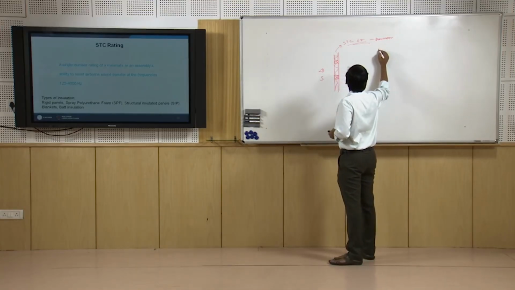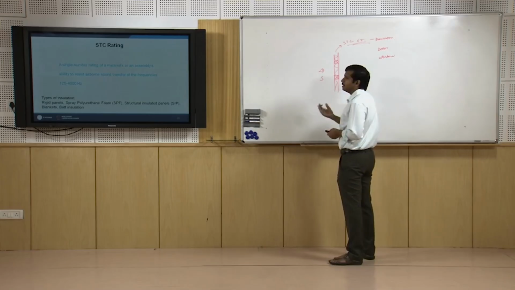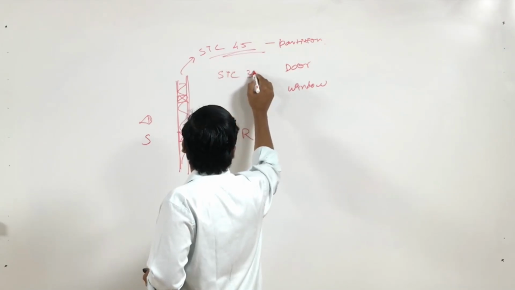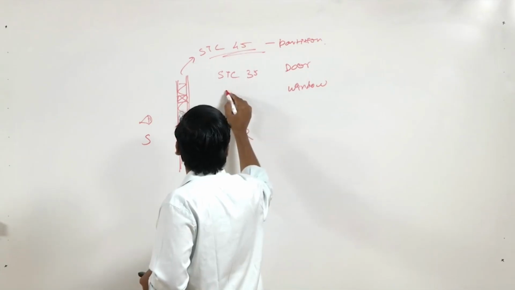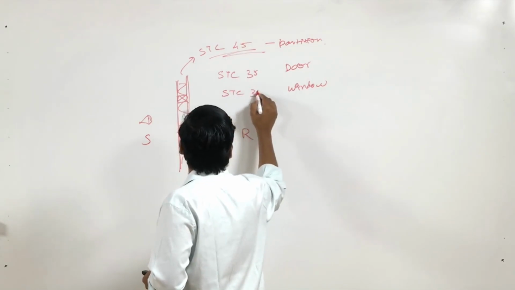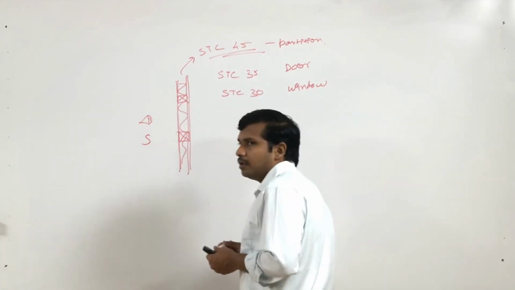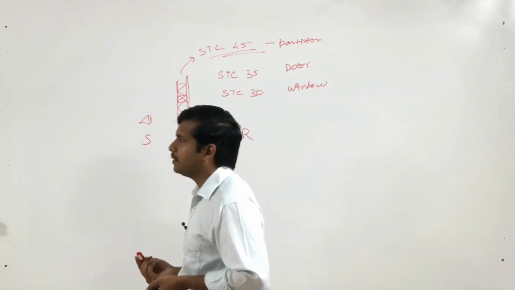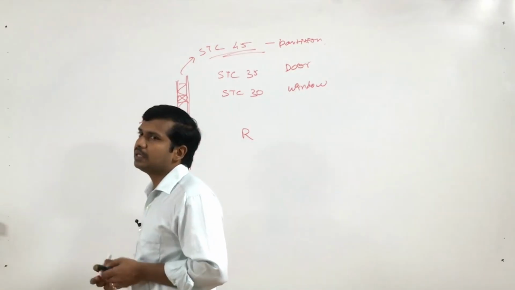Now you insert a door and a window. This is not openable, just a see-through window. For example, the door which you choose has an STC of 35, the window which you choose has an STC of 30. Then you have to account for all the three things together, which is referred to as composite sound transmission class.